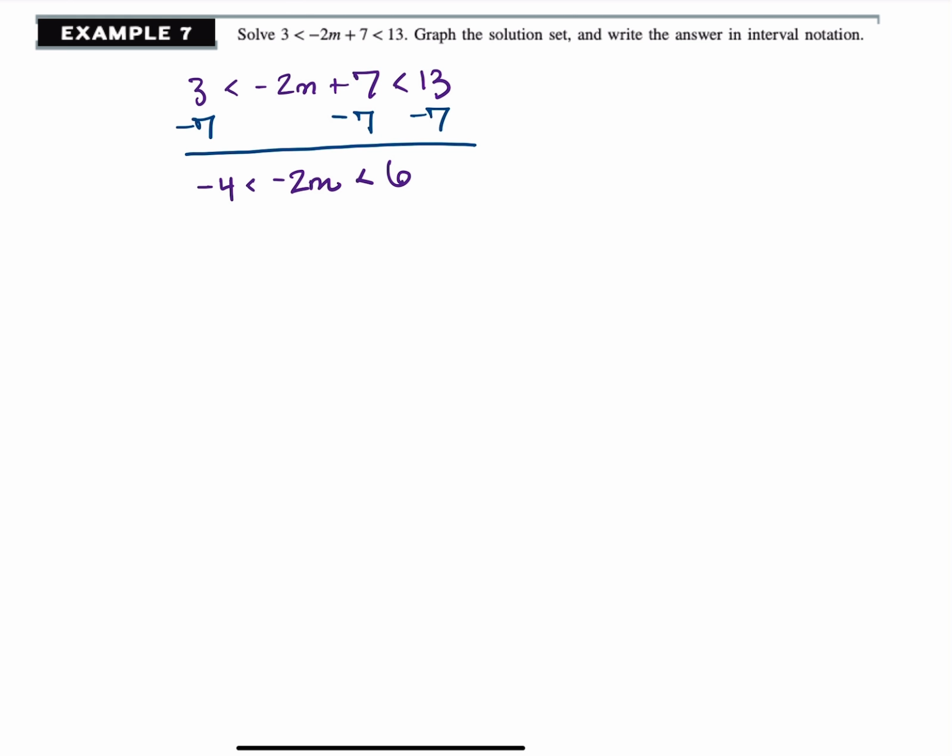And then here I have -2 times m, so I'm going to need to divide all sides by -2. And since we're dividing by a negative, we need to flip the inequality.